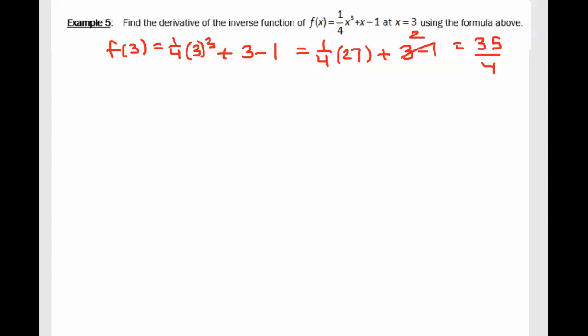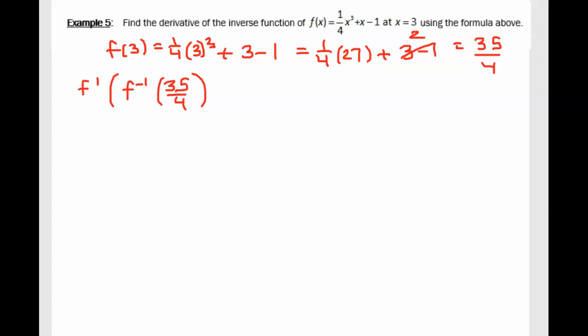So you have f prime of f inverse x. Well, the inverse of 35 fourths, sorry, not 3, I jumped ahead.